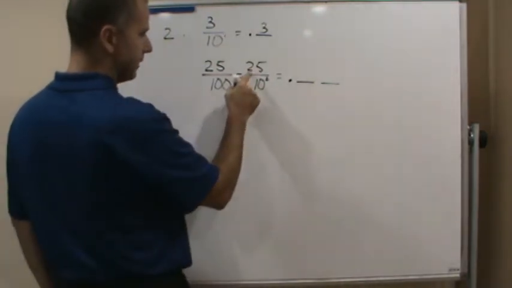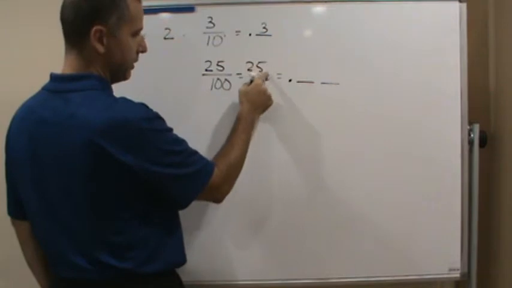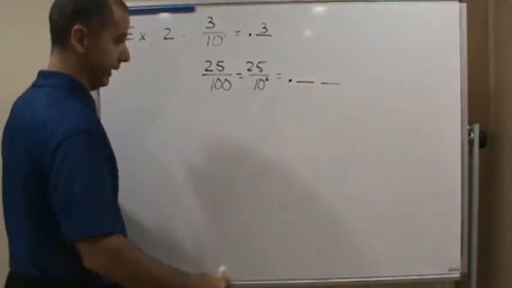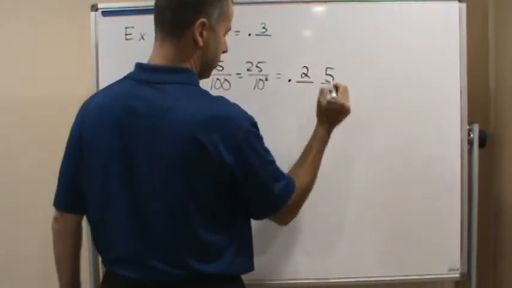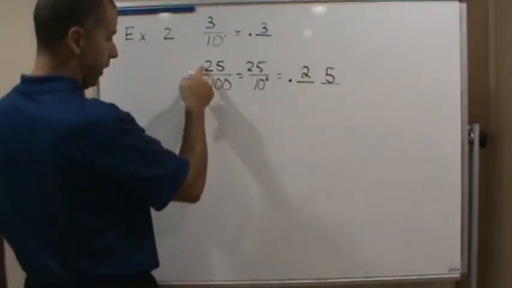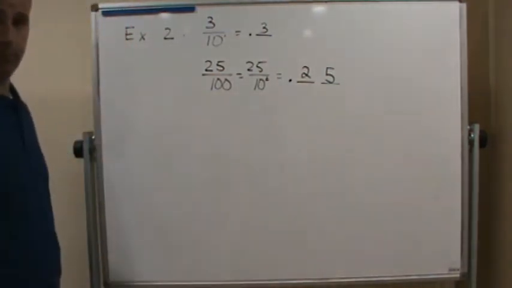And now we're going to take the 25 in the numerator and place this digit in the rightmost blank. So this is going to be 5, and then of course the 2 goes there, and we're done. So 25 over 100 is the same as 0.25.